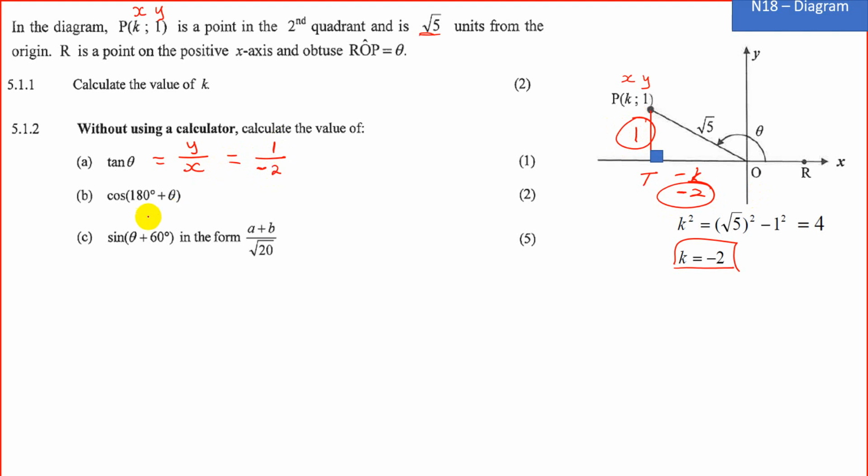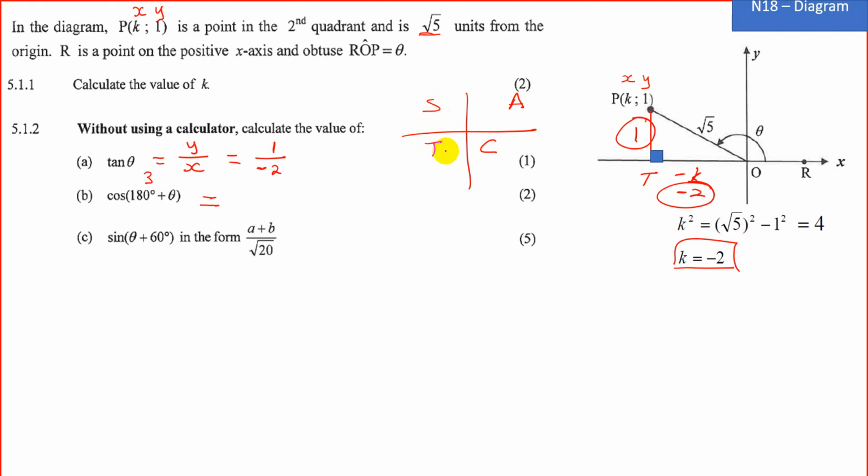The next question, B, says find cos of 180 plus theta. So remember, this is in our third quadrant, and cos in our third quadrant is actually negative. Just for information purposes, if you remember your CAST diagram, we have a mnemonic for that: all students take chocolate.